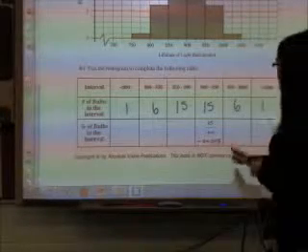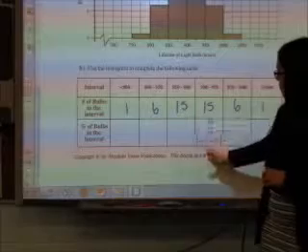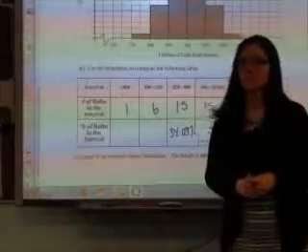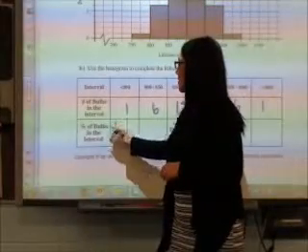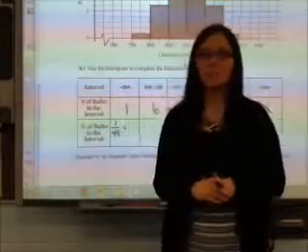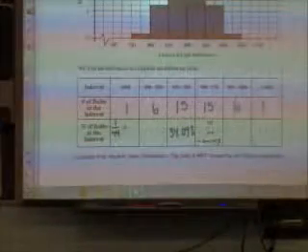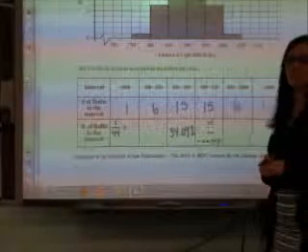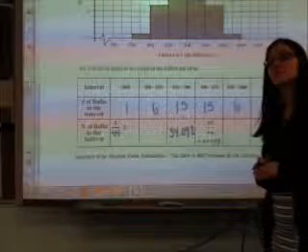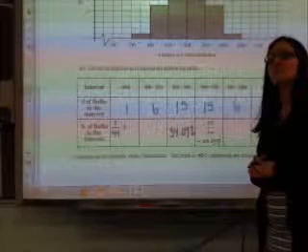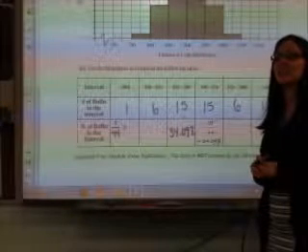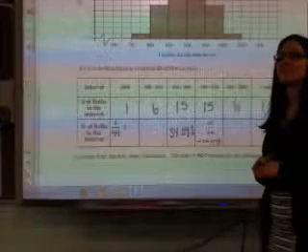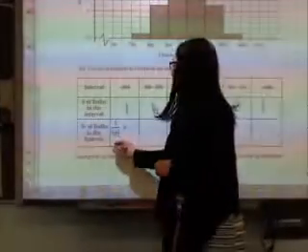If I calculate the percentage, they did this one for me. 15 out of 44 was 34.09. So what is 1 out of 44? To 2 decimal places. What percentage is that? That's not the percent, that's the decimal. Change it to a percent. Multiply by 100. 2.2%. 2 decimal places.